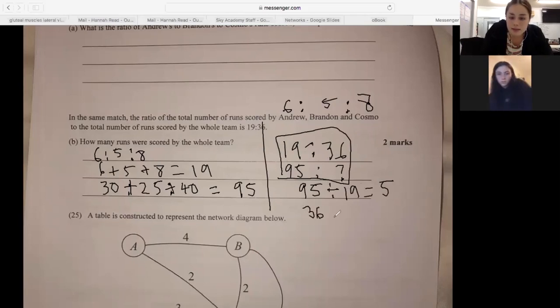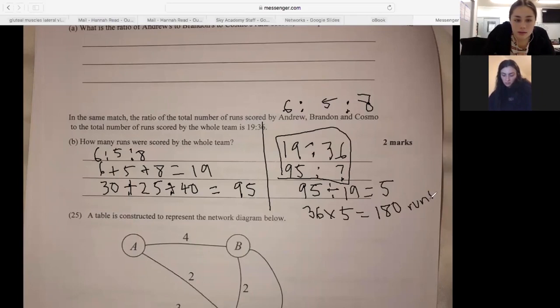So 36 times 5 equals 180. 180 runs by the whole team.